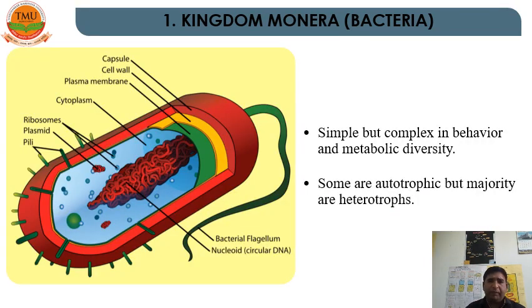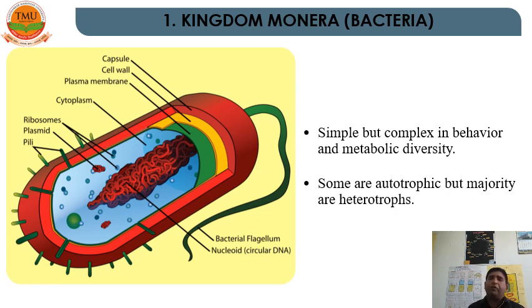Here you can see the bacterial cell, a cross section of the cell. It is a prokaryotic cell. It is very simple. DNA is naked, no nucleus, no membrane-bound organelle is present like in a eukaryotic cell.